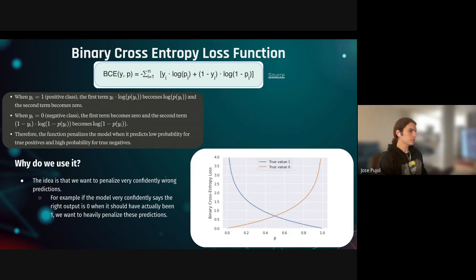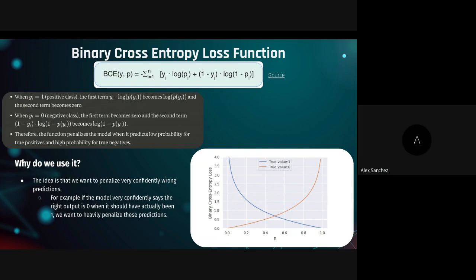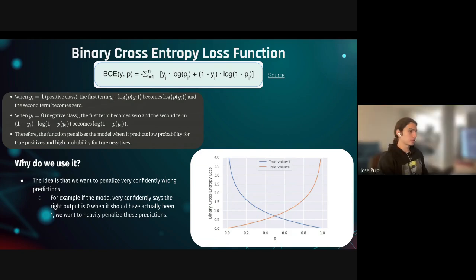probability was 0, right? Log of 1 is what? What's log of 1? I know it might be a long time. It's 0, right? And that's what we see over here. Because if we have 1 minus 0, log of 1 is 0.